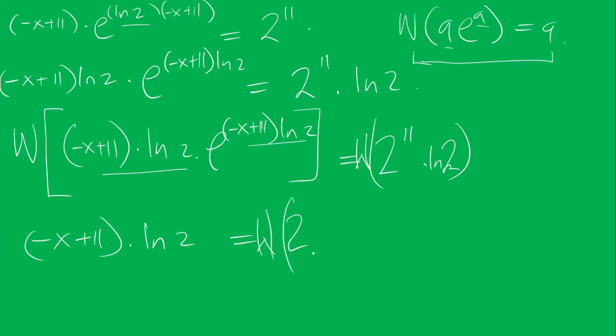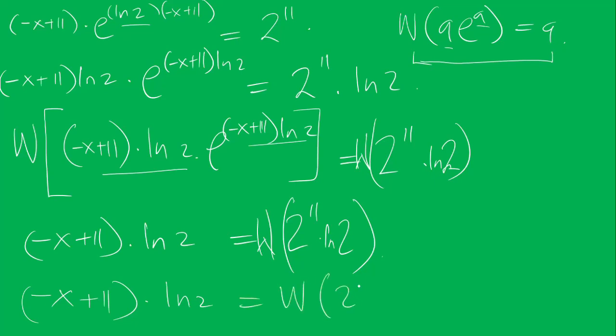Having done this, we'll now say minus x plus 11 times natural log 2 is equal to W of 2 to the power 11 times natural log 2.